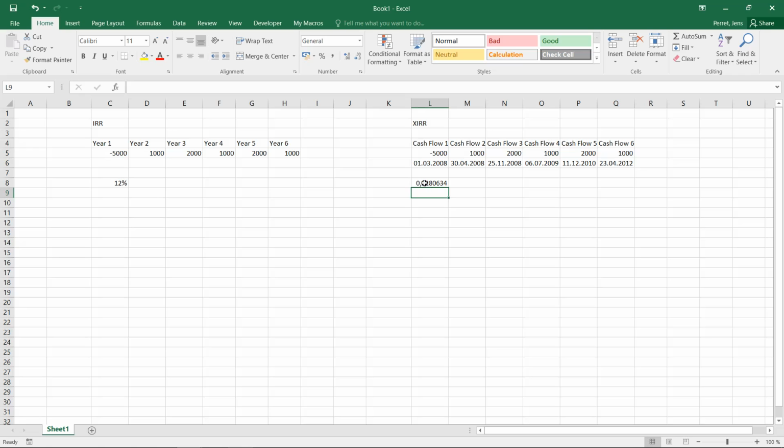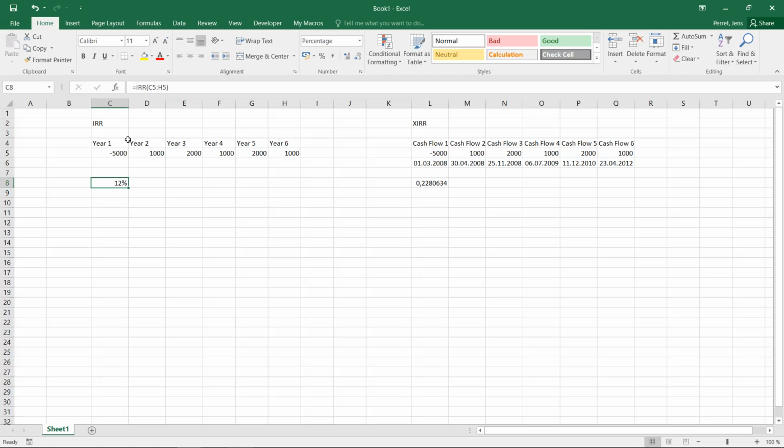It also makes sense that this is slightly larger than this one here, because if we take a look, the first two cash flows happen on the time axis much closer to the original investment than is the case here.